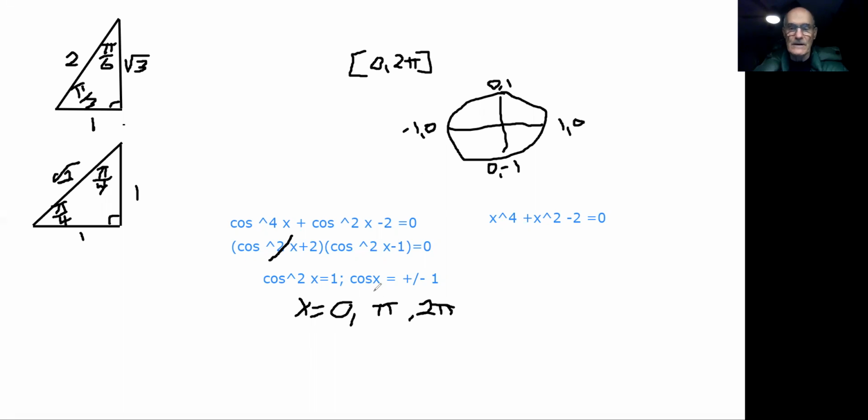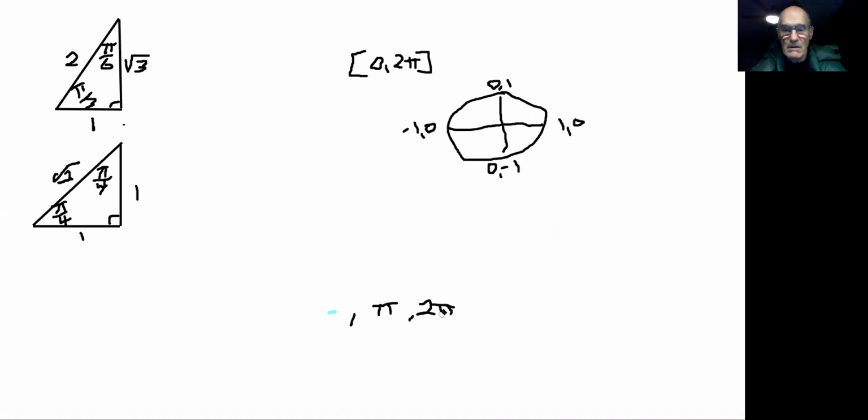Now, one other type of equation I want to show you here. So once again, I'm going to erase what I have here. If you need to pause and look at it, do that. So now the equation I'm looking at is 2 cosine squared x minus sine x minus 1 equals 0.